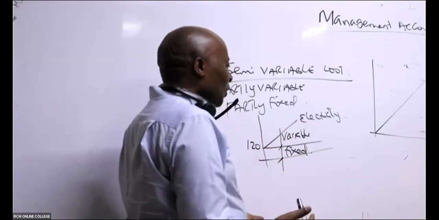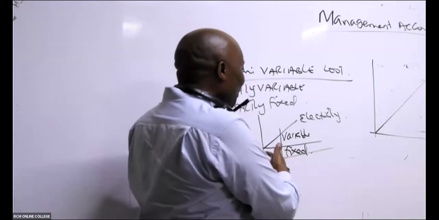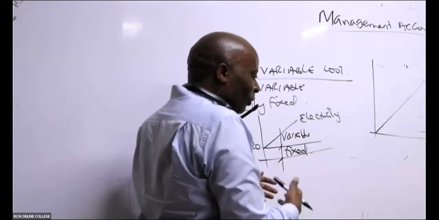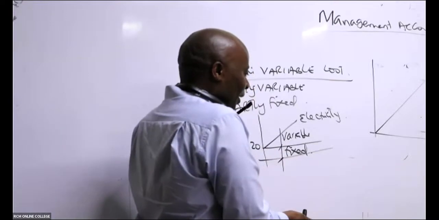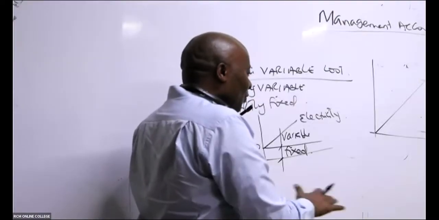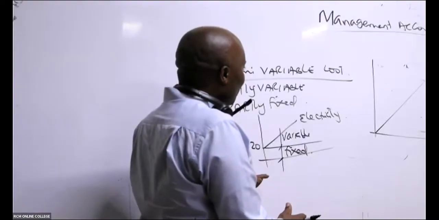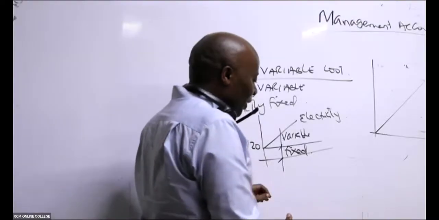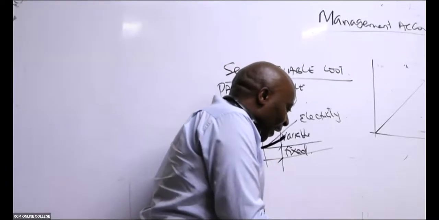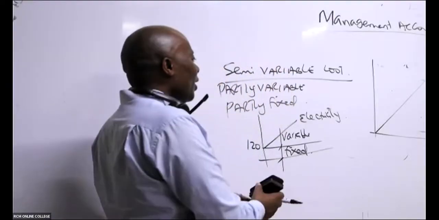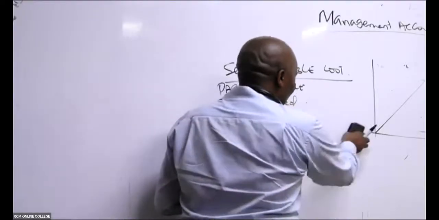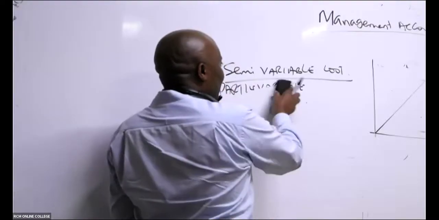Why are you still charging me? But these people have given you their meters, and you have to pay some rental fees for them. That rental fee is fixed and applicable to everybody. So there are those costs that have to be in the bill whether you like it or not. So that is semi-variable.